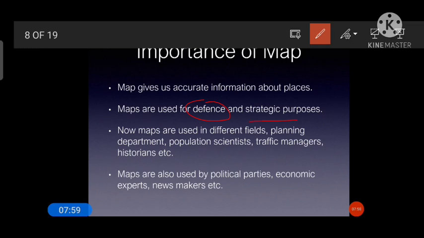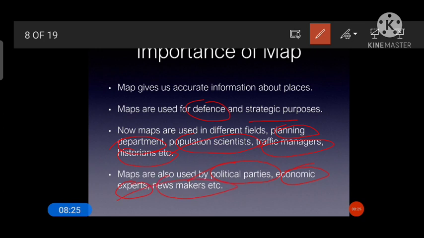Okay, now maps are used in different fields like planning departments, used by population scientists. Maps are used by traffic managers. Maps are used by historians. Apart from that, maps are also used by political parties. Maps are used by economic experts. Maps are used by newsmakers.